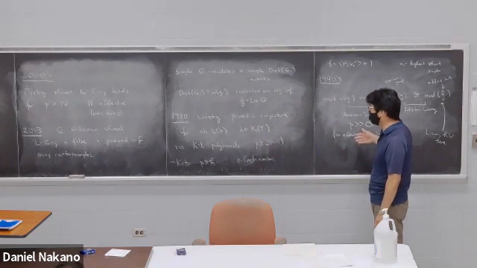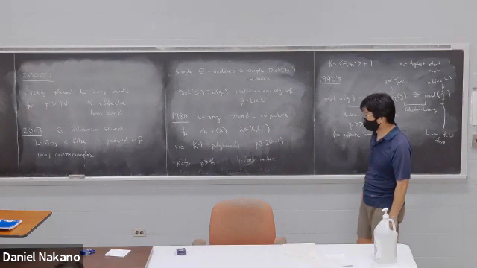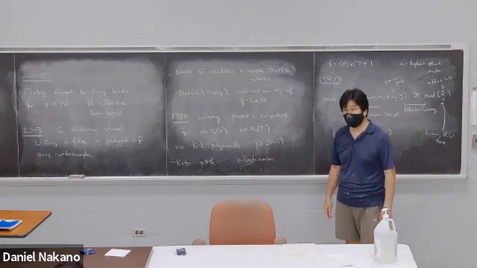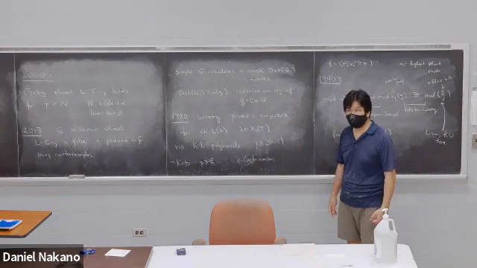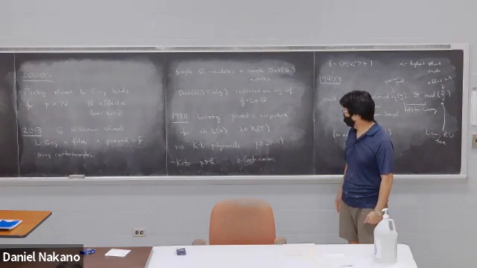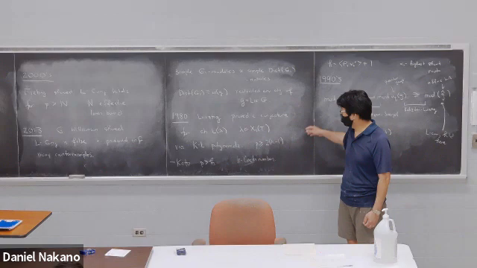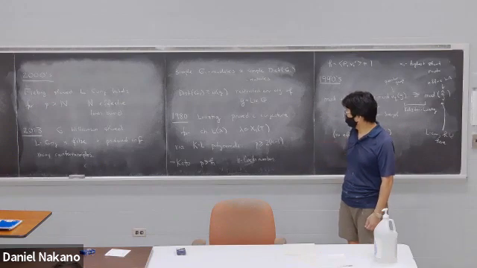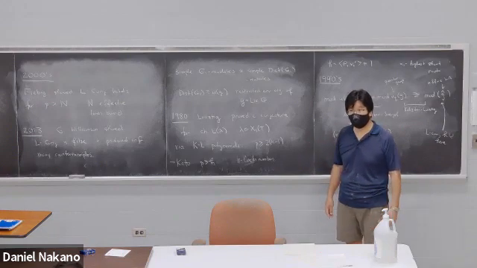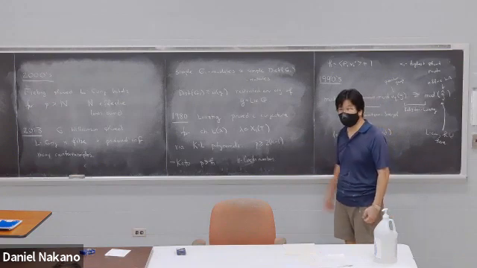And then if you know whether the tilting module conjecture is true, it's true for p bigger than 2h minus 1, then you can translate that to the characters for the irreducibles. Okay. So for p at least 2h minus 1, the answer is yes. There is a character formula involving the p-canonical basis or p-Kazhdan-Lusztig polynomials.